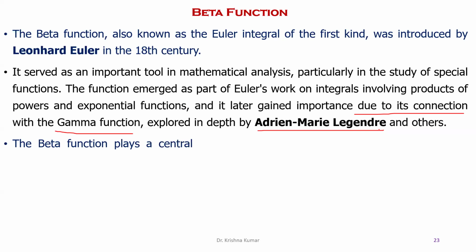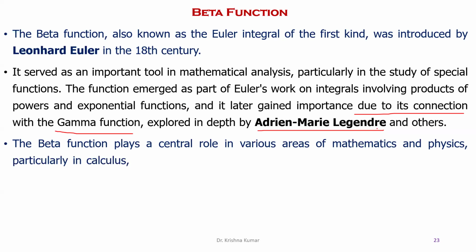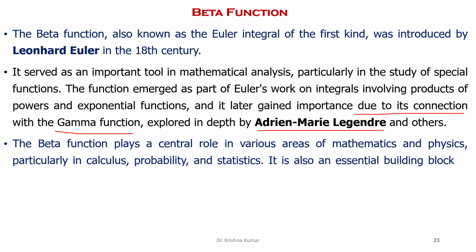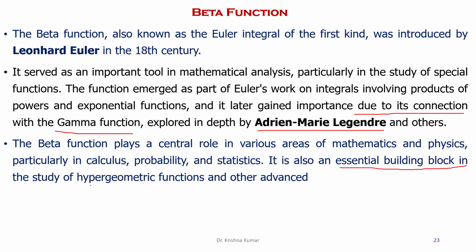The beta function plays a central role in various areas of mathematics and physics, particularly in calculus, probability, and statistics. It is also an essential building block in the study of hypergeometric functions and other advanced topics.